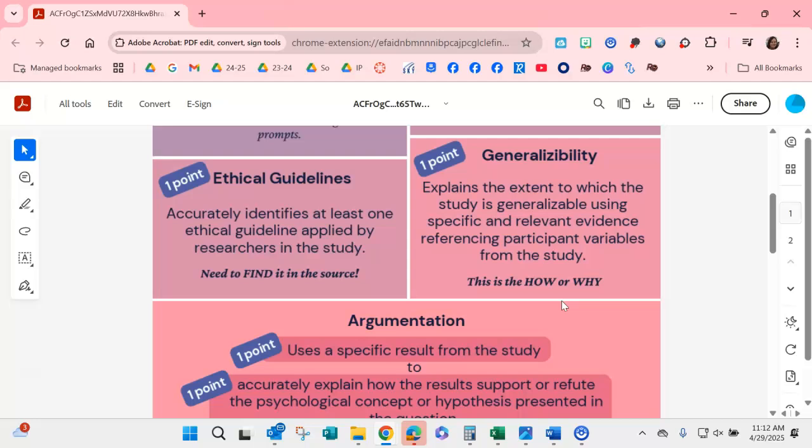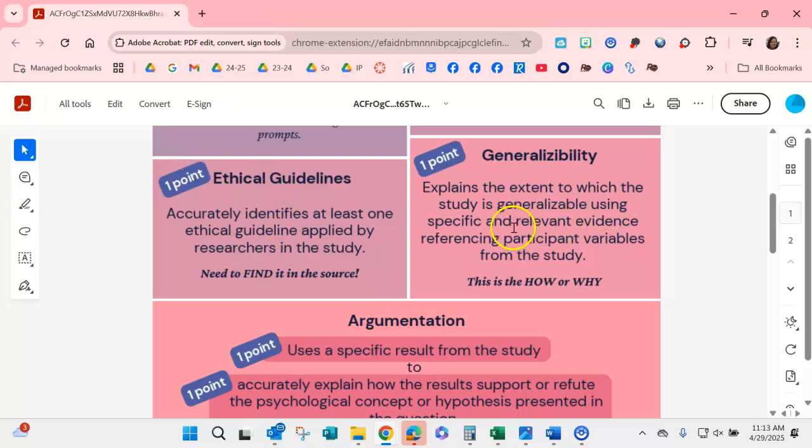They kept their identities anonymous. They made sure that they were not facing too much stress. So say what they did. Or if it clearly says they didn't do it, you could write about that too. But I think mostly they'll want you to say what they did do. A lot of them, the ones we've seen so far, have been about consent. You only need to do one. It says accurately identify at least one.